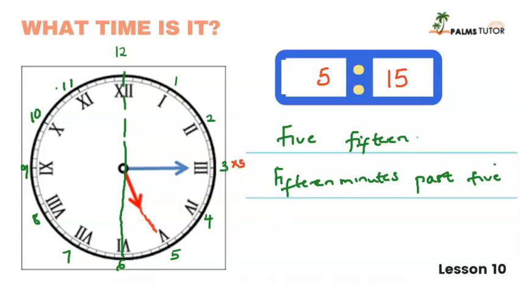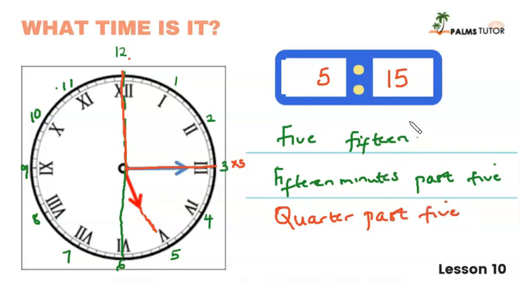Remember we had terms for some specific places on the clock, right? This is the o'clock, this is the quarter, when it's exactly 15, because you know we have explained that this forms a quarter of the entire clock. So instead of saying 15 minutes past 5, we could as well say a quarter past 5.